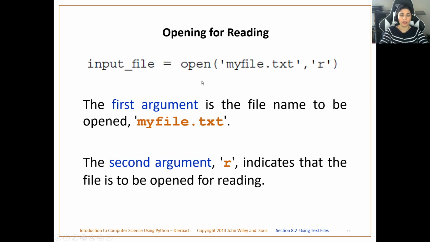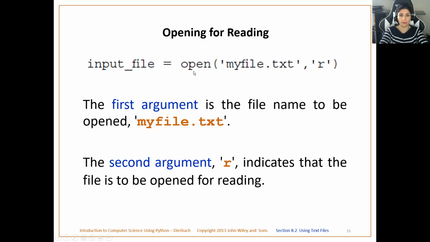Similar to any object that we created in Python, like for instance an integer object, a string object, a list object, we need to associate an identifier or a name with that object. So for instance here, the name of the variable that I created for that file is input file equal to, and then you're trying to open a file.